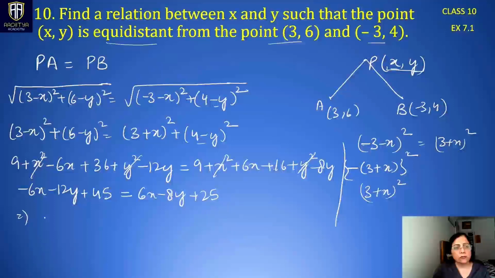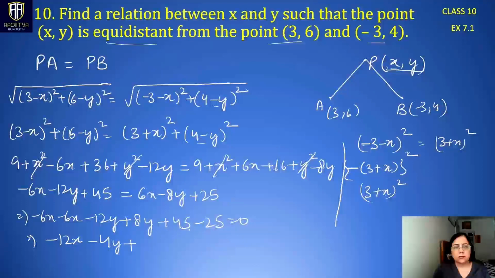Now we simplify it further. This is negative 6x, negative 6x, negative 12y. Since 8y goes here, it becomes positive. This is 45. This 25 goes here, becomes negative. So we have negative 12x, negative 12 plus 8 is negative 4y, and this is 45 minus 25 is 20.